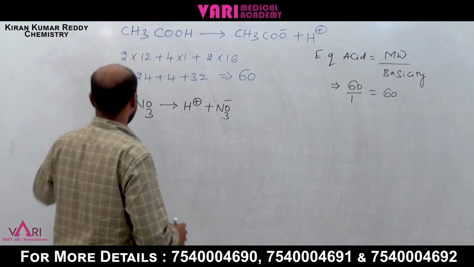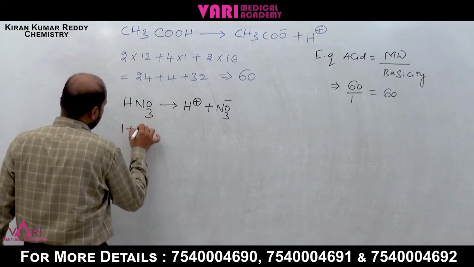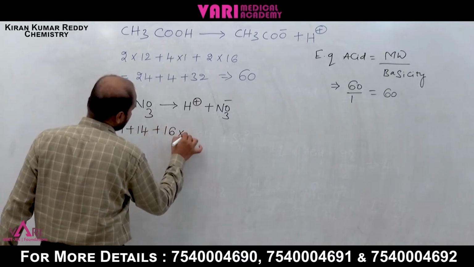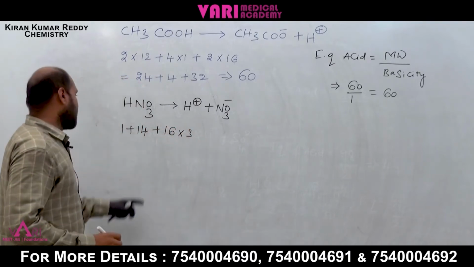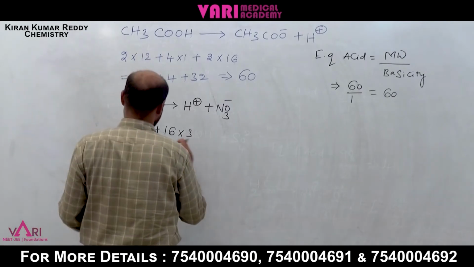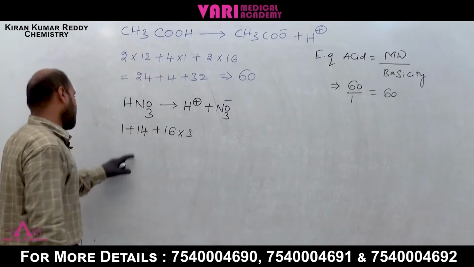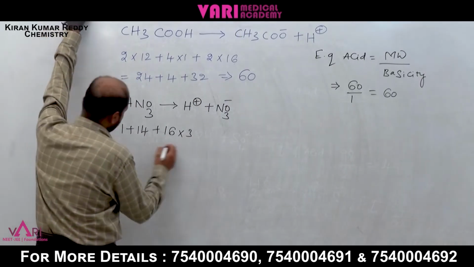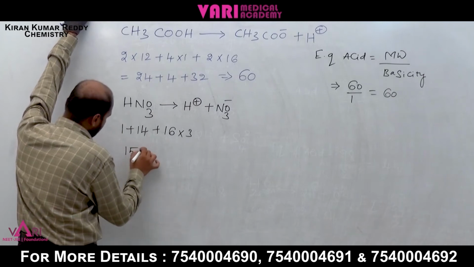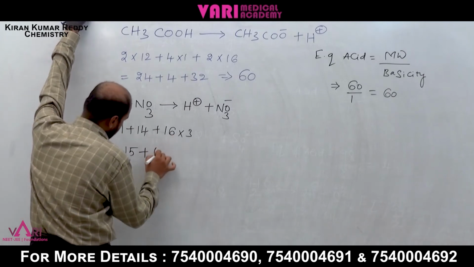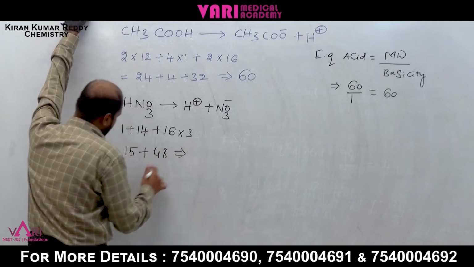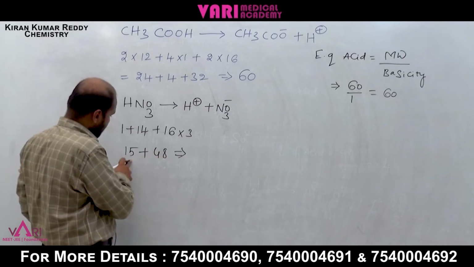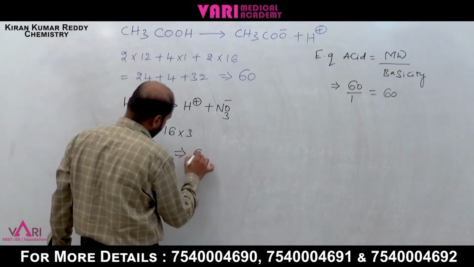Here also hydrogen is 1, nitrogen atomic mass 14, oxygen 16 into 3 is 48. So 1 plus 14 is 15, plus 48, that is 63.